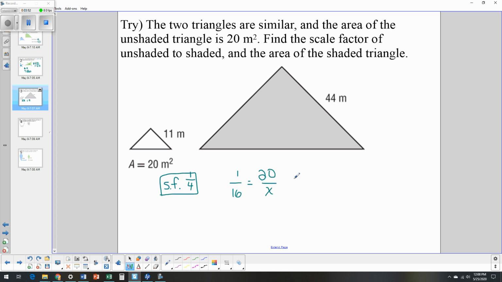All right, so the scale factor would have been 1 to 4, and the area of the second shape would have been 320 meters squared. All right.